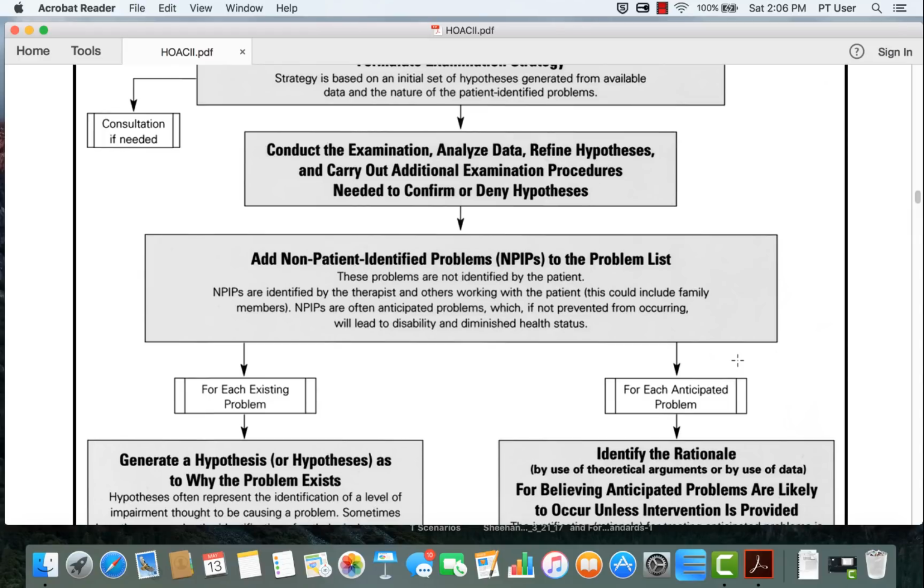Okay, that all fits into this, and I'll have later postings or videos that will tie together those models and what you're learning in PT Exam 1 to this HOAC model. Okay, but just know that right now, in terms of patient-client management model, you're still in the PT exam part.